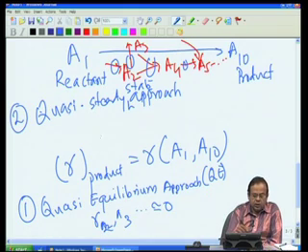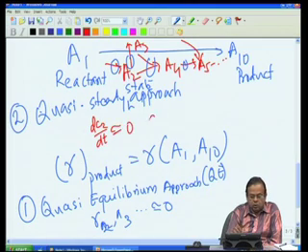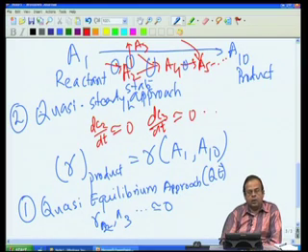So, we write for these highly reactive species dC2 by dt is almost 0, dC3 by dt is almost 0 and so on, and thereby eliminate C2, C3 or all those reactive intermediates. So, two approaches: the quasi equilibrium approach, where we set the rates of these reactions to 0, and the quasi steady state approximation, where we set the rate of change of species to 0. That is the difference between the two approaches.